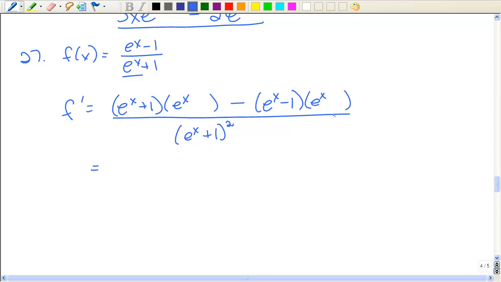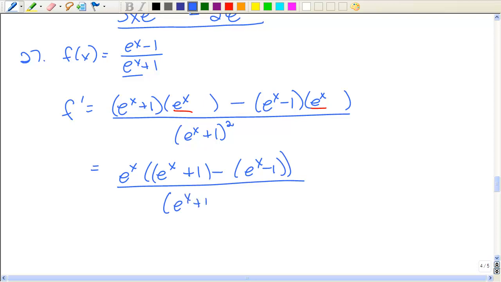So let's see, I could multiply that out. I don't think I have anything alike. Let's see, I'm going to factor out an e to the x. So that leaves me e to the x plus 1 minus e to the x minus 1.